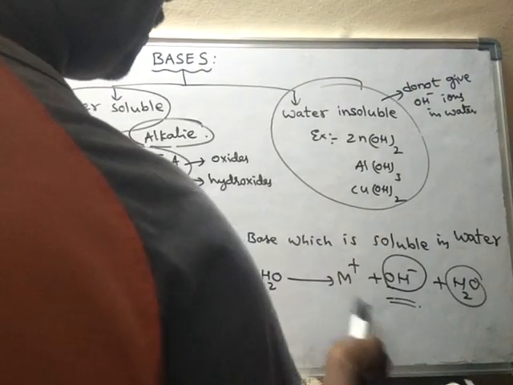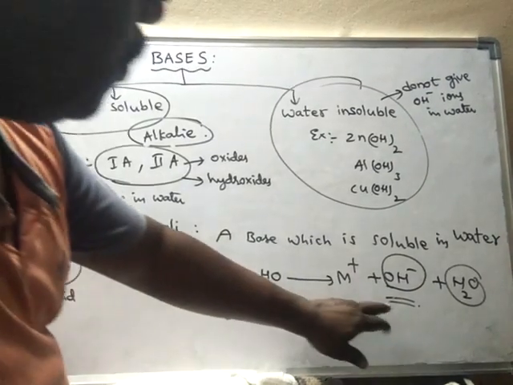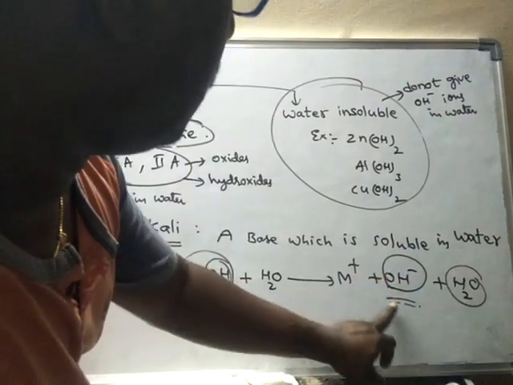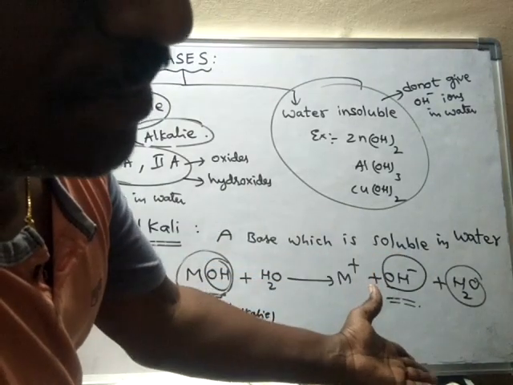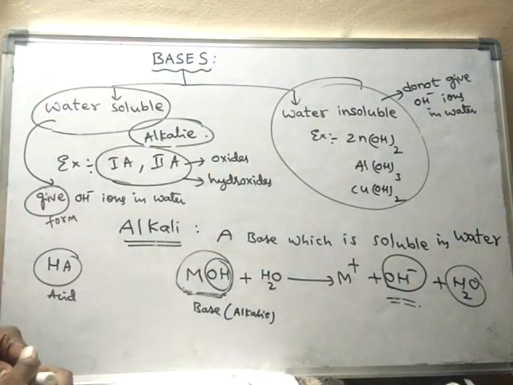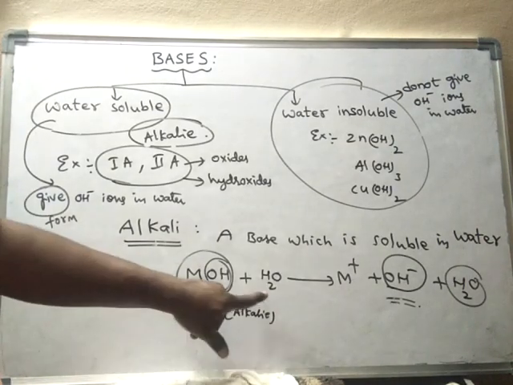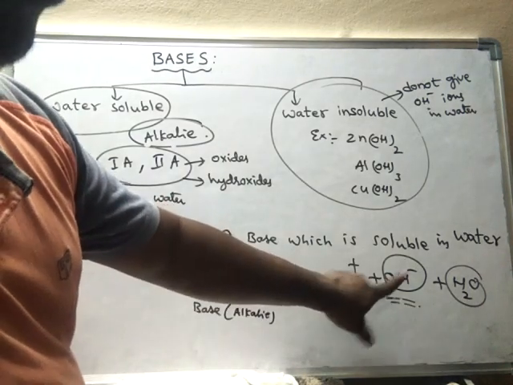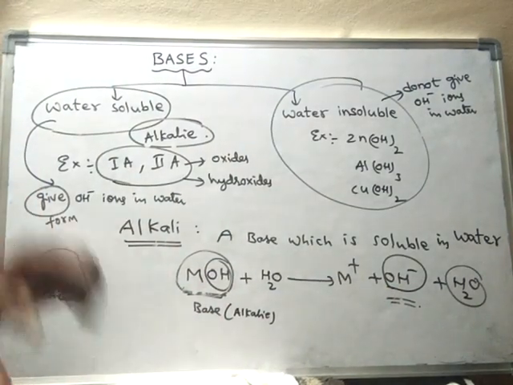It is a base, but a water soluble base, hence it is called an alkali. When an alkali is dissolved in water, you will find only one type of negative ion, the OH minus ion. They do not form any other negative ions. Such compounds are said to be alkalis.